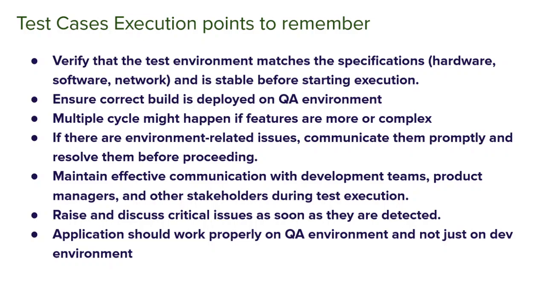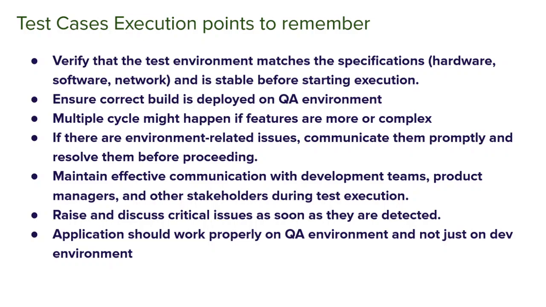There would be different hardware and software combinations which might be different on dev machines. So if something is not working correctly on the QA environment, you should immediately raise it to the developers and get those issues fixed, because if it's working on the dev machine but not working on the QA environment, then it will not work on the production environment either. So in that case, you should get those issues fixed on the QA environment as well.